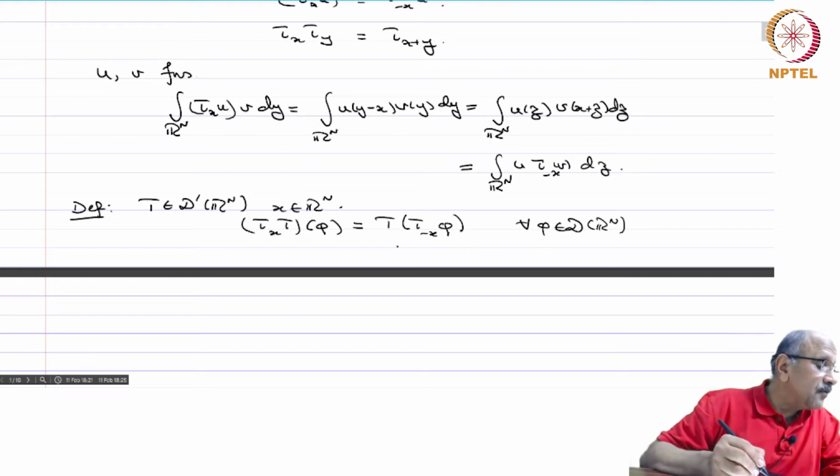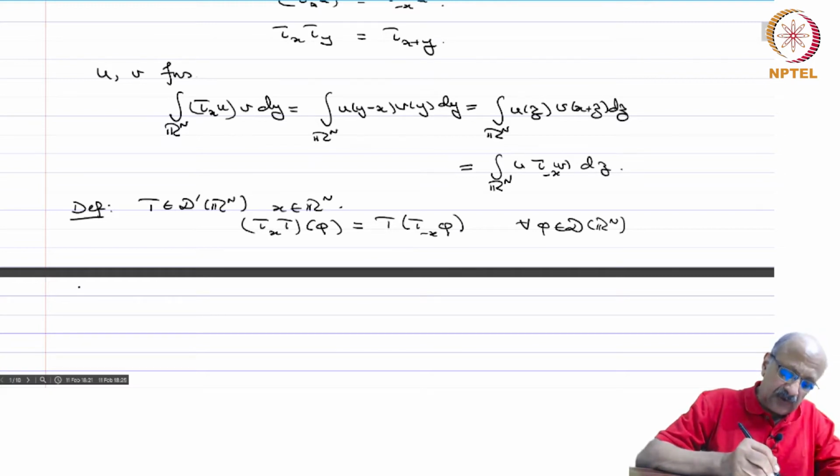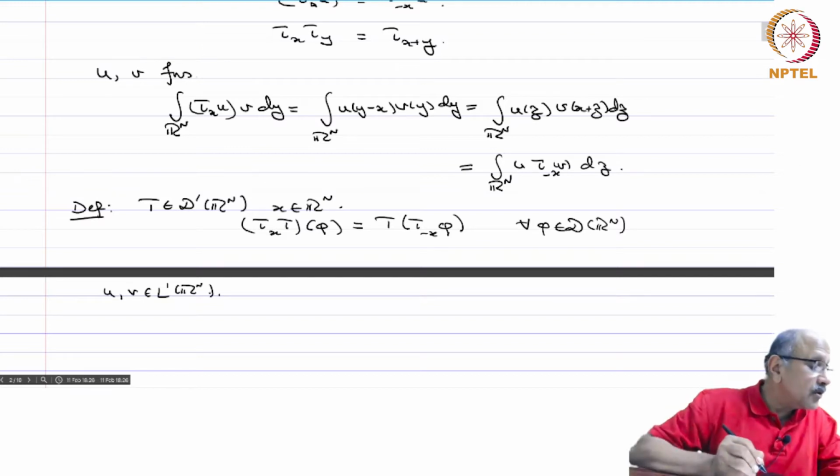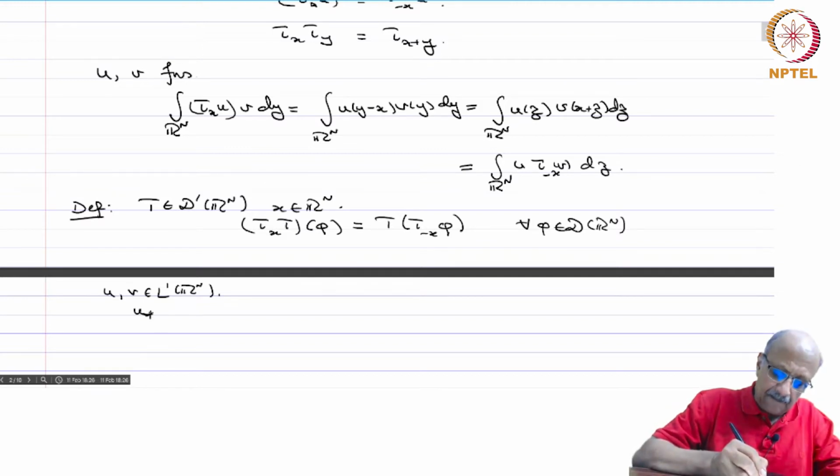Now, if u and v are two functions, if they are L1 functions for instance, so u and v in L1 of Rn, then what is u star v of x?